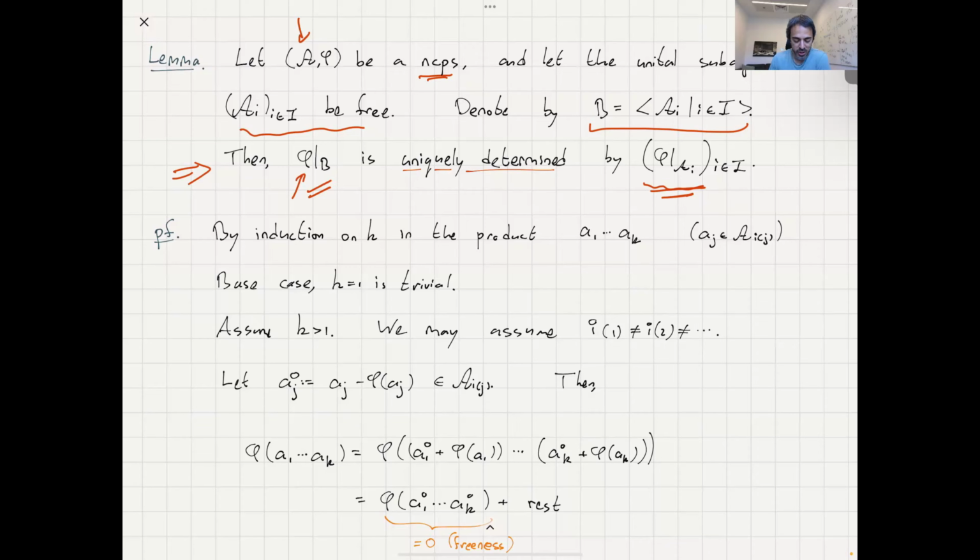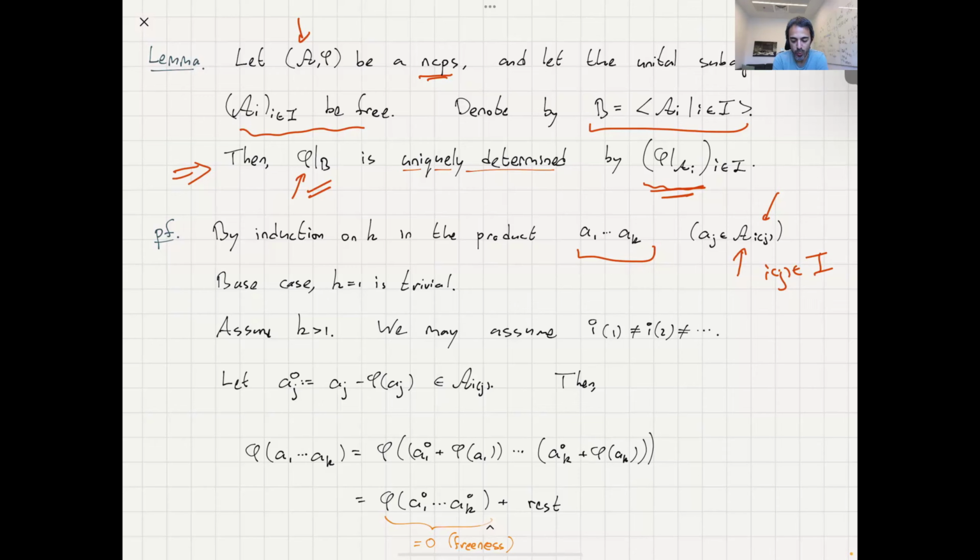Well, the proof is an induction on k, where k is the number of products in the moment you care about. So again, we have a_1 up to a_k. Each a_j comes from some subalgebra that we are going to denote by i_j. So i_j is in this index set I, this ambient index set.